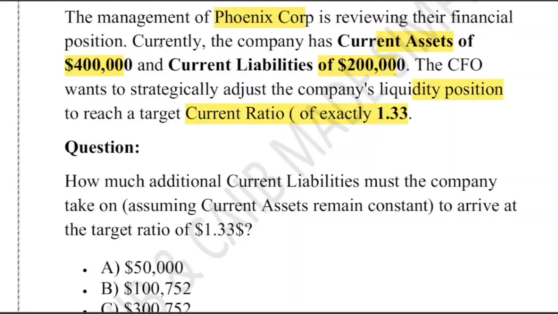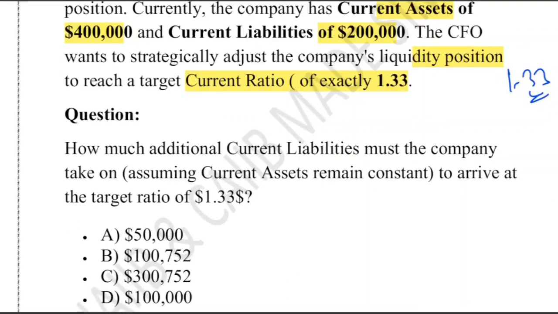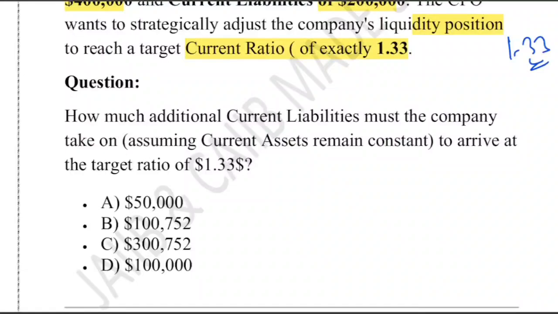So how much additional current liability must the company take on, assuming that current asset remains constant, to arrive at the target ratio of 1.33?